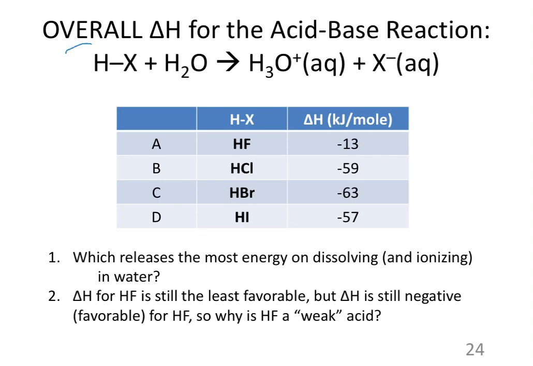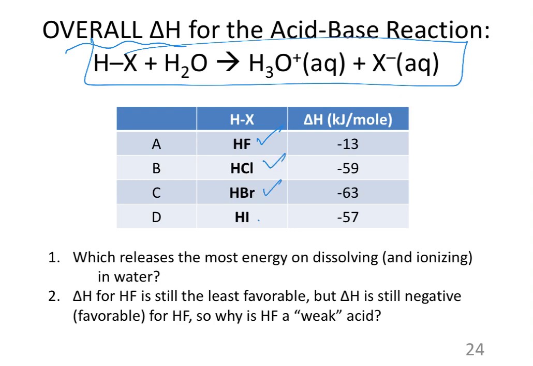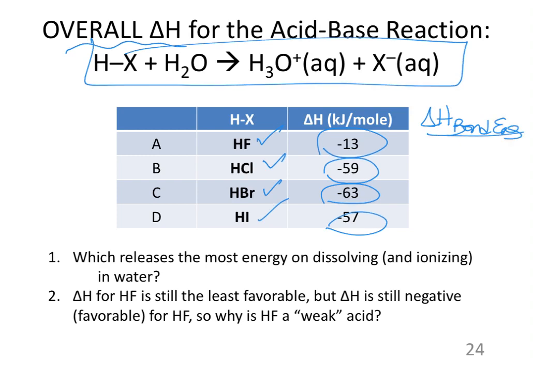Okay, so overall, the delta H for this generic reaction, looking at all the halides, is the following. Now, I don't know if you remember the delta H for bond energy, let me write what those are down so we can compare them.